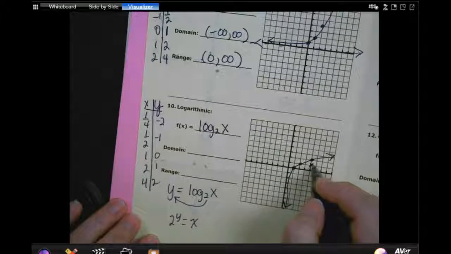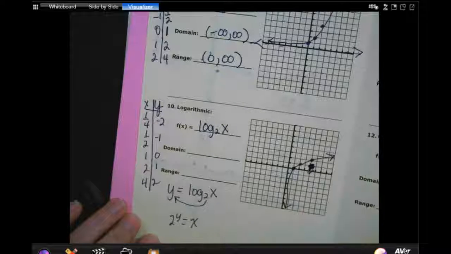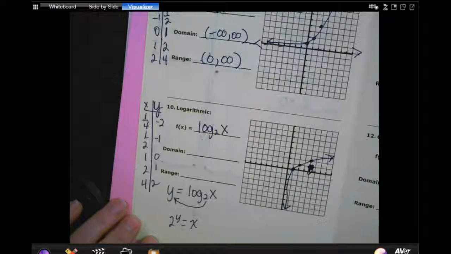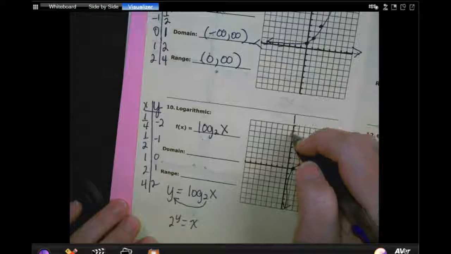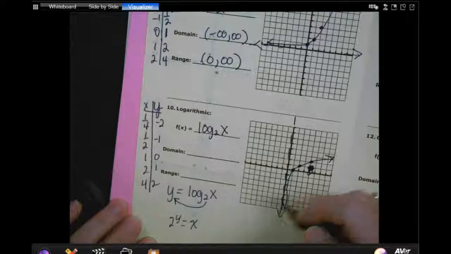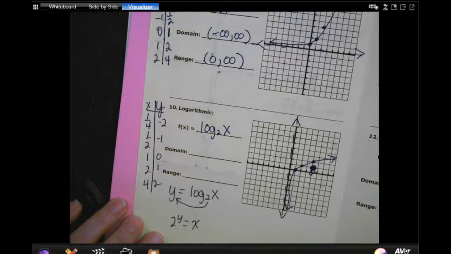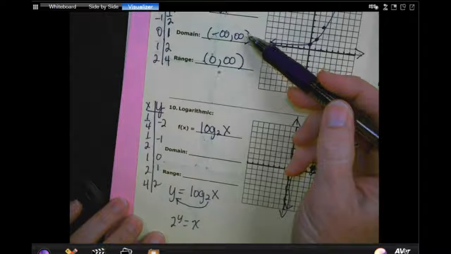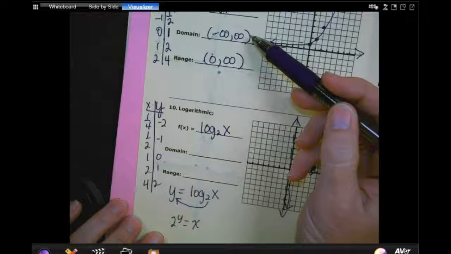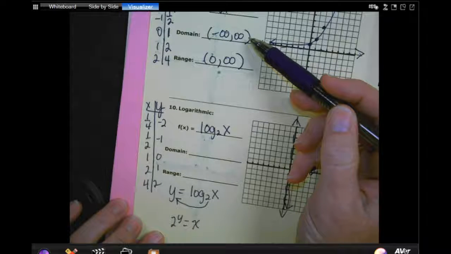I put a dot there and it shouldn't be. Okay, so if y equals 0 was an asymptote for the exponential, then x equals 0 is an asymptote here, because they're inverses. If the domain for the exponential was negative infinity to infinity, what does that become for the logarithm?